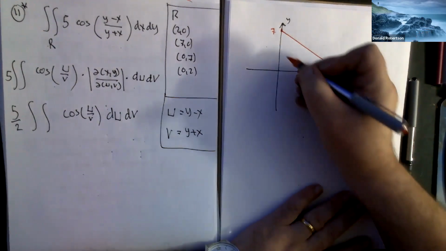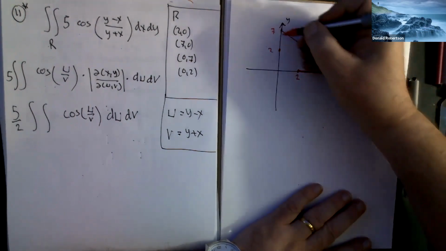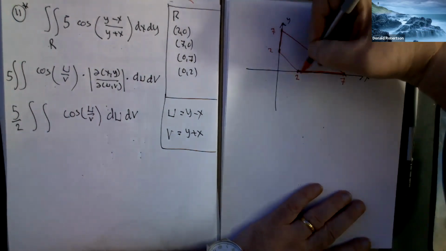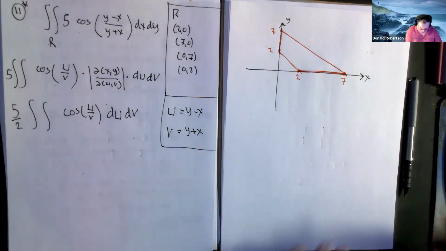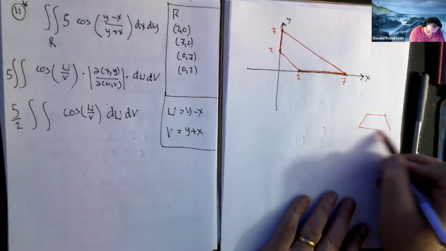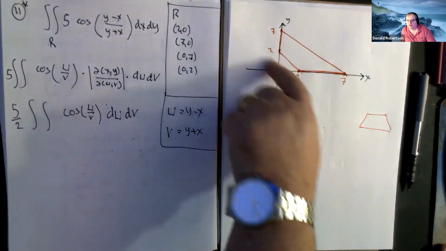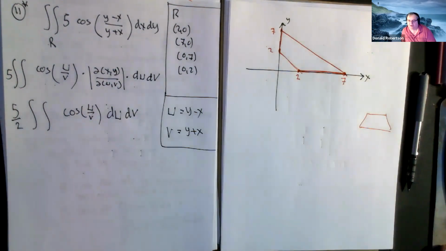And 0, 2 is up here. Yeah, it is a trapezium, but it's actually worse than that. A normal trapezium would look like this, right? Do you see it's a trapezium on its side, and the fact it looks longer is just my scales.